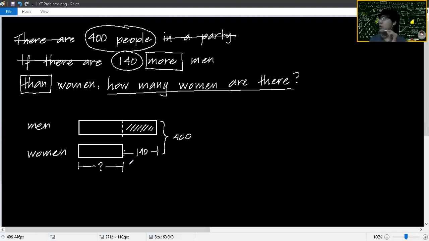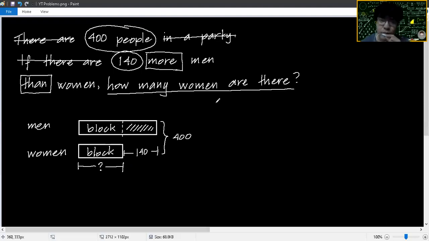Now, we may use blocks to represent the unknown number. We don't know the total number of men and the total number of women. But we do know the total number of people and the difference between the number of men and the number of women.